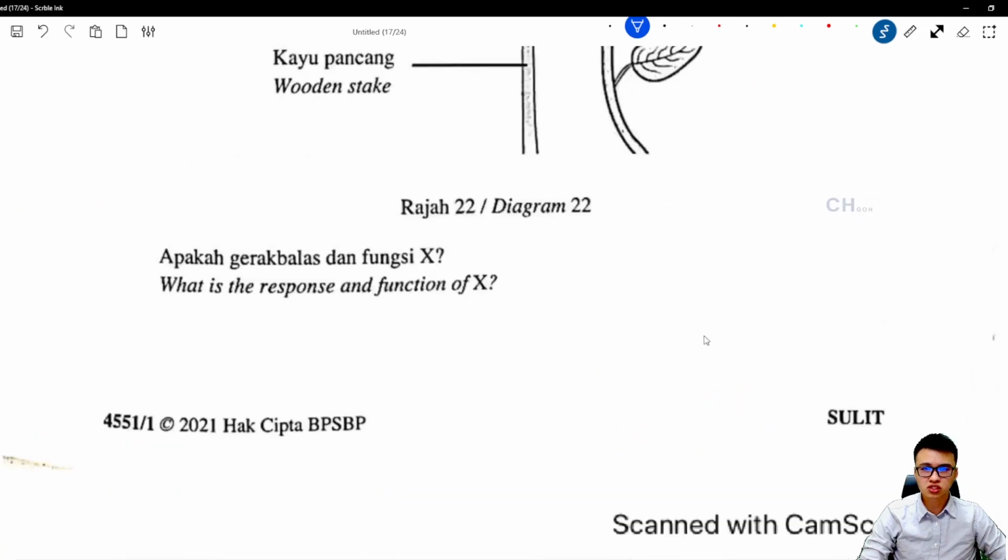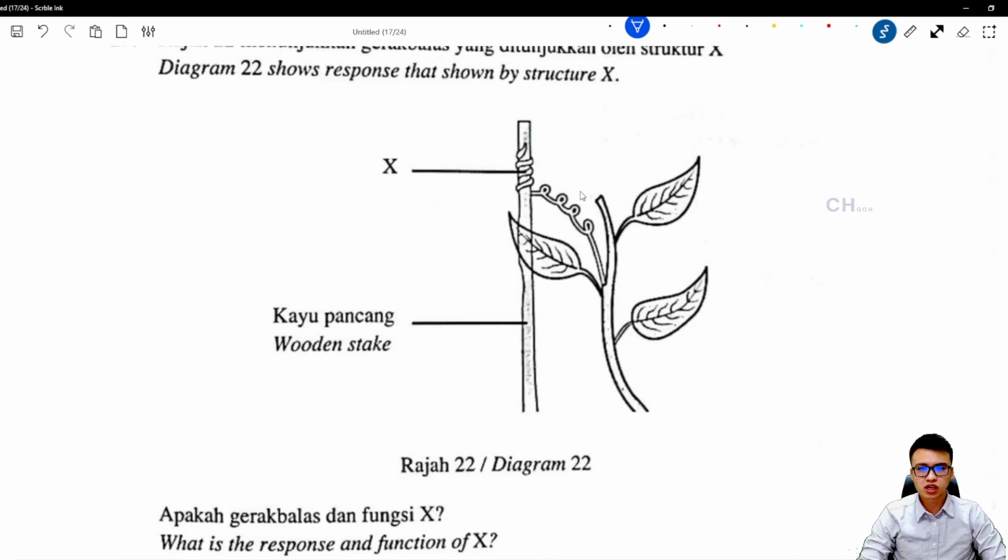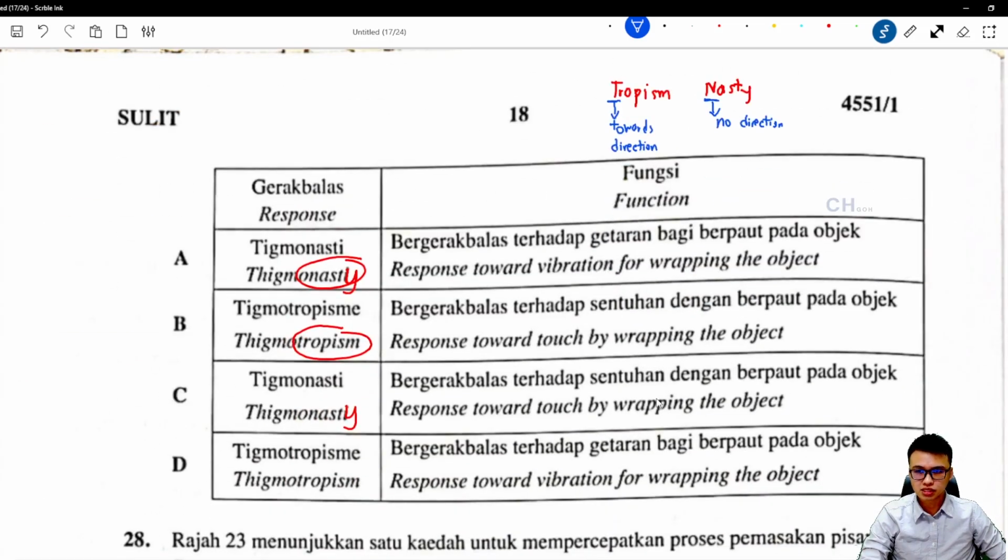You look at this question, the tendril is trying to respond to the stimulus given by the wooden stick. So it is responding towards the stick, and that one is with direction. So this answer should not be nasty. So A and C are wrong.